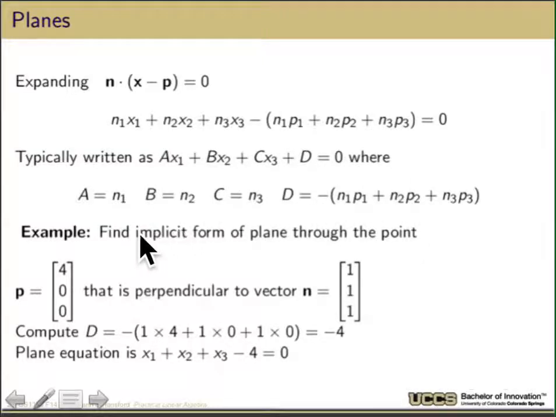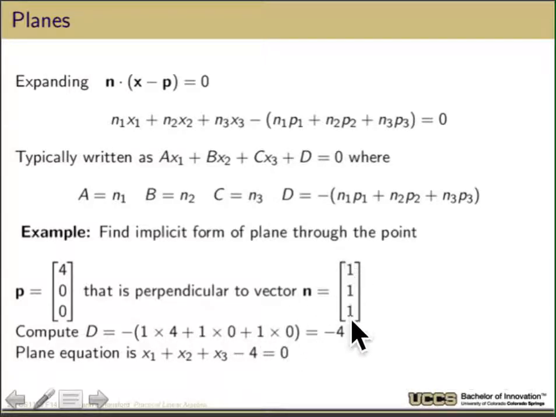So if I want to find the implicit equation of a plane that goes through the point 4, 0, 0 and is perpendicular to the vector 1, 1, 1, basically you can compute minus d by just looking at the point and the normal. So I get 1 times 4 plus 1 times 0 plus 1 times 0.